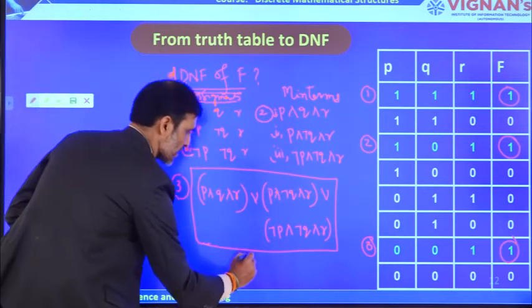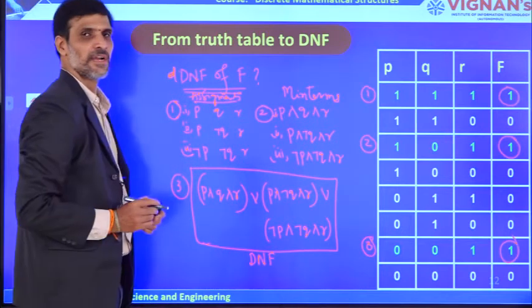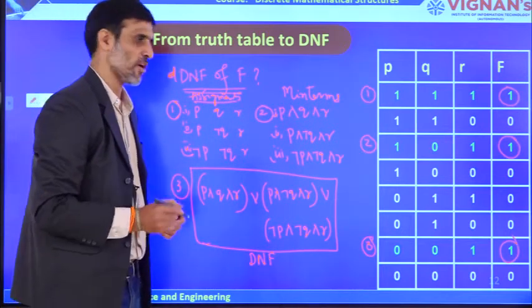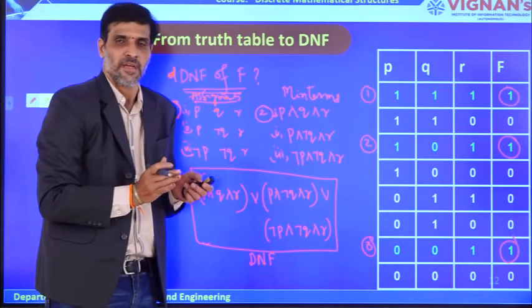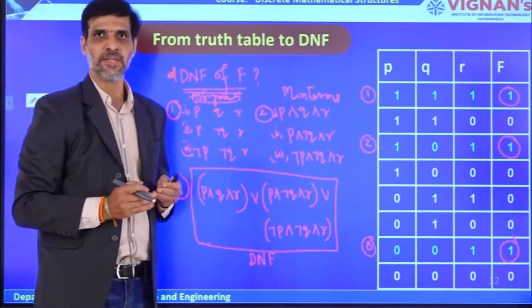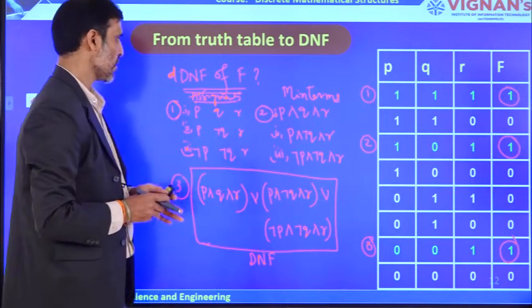This is called the DNF of the given formula. It is in the form of disjunctive normal form. This is how we can get the DNF of the given compound proposition by using the truth table method. Okay.